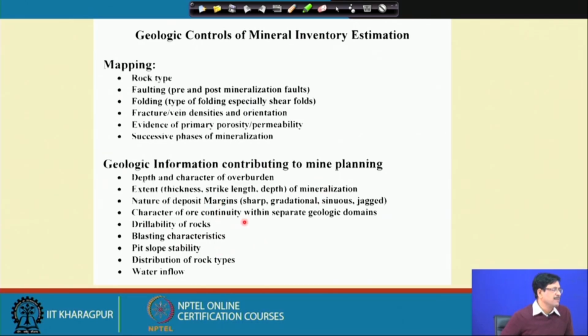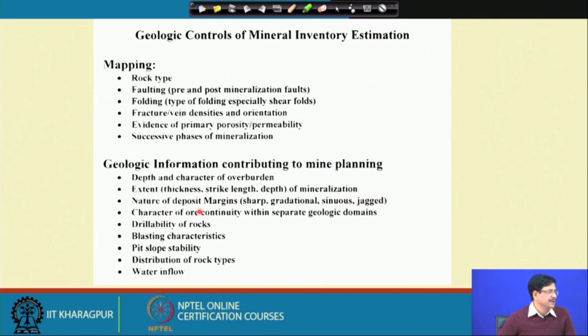The nature of the deposit margins is very important, because sometimes the ore body has a very sharp boundary with the host rock, and sometimes the boundary is gradational or diffused or sinusoidal or jagged. This sometimes is a problem when we are selecting the selective mining units, the volume that is decided to be the selective mining unit.